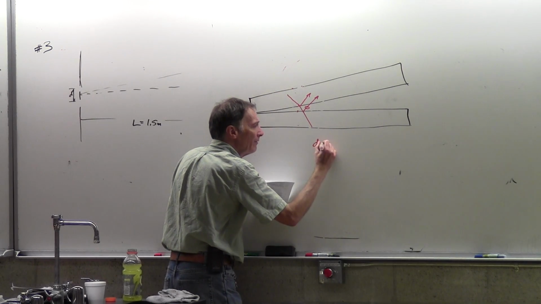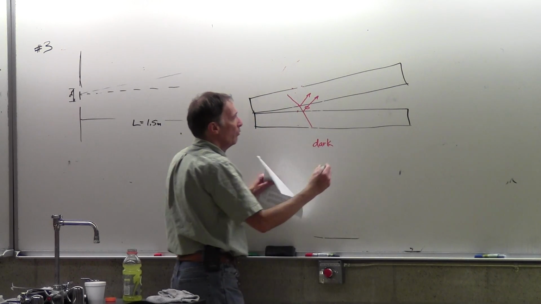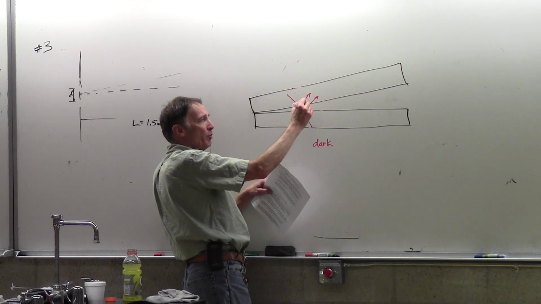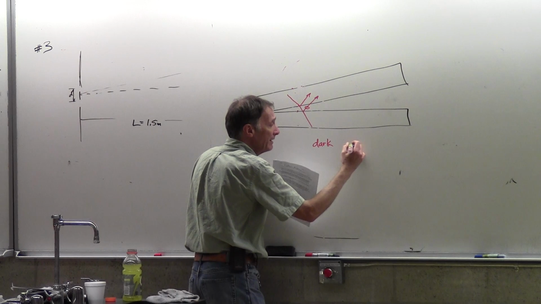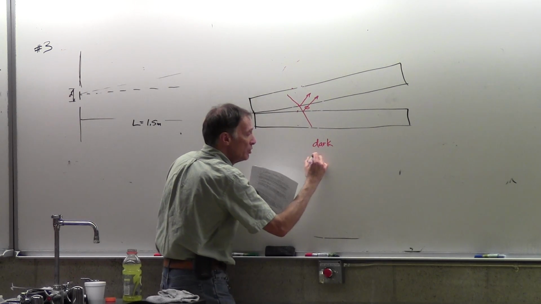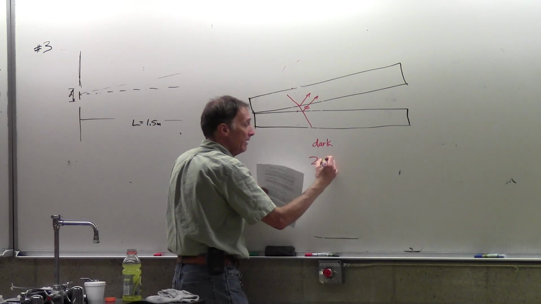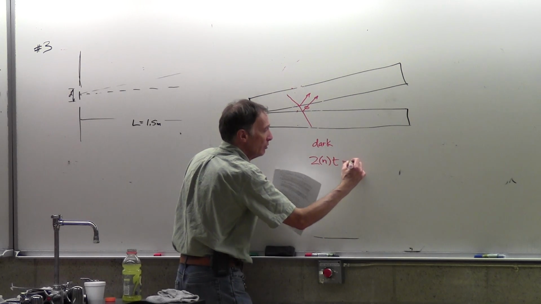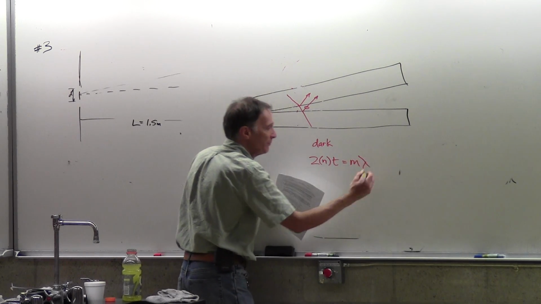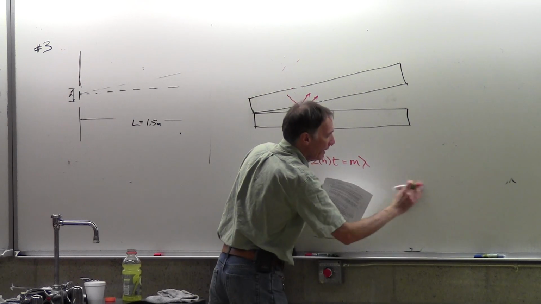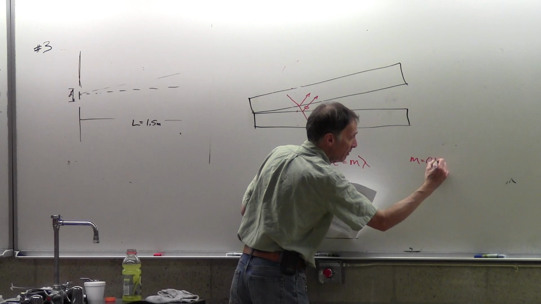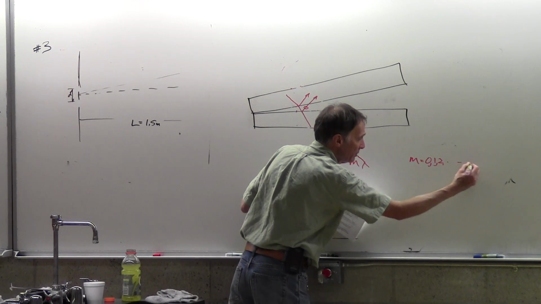And the condition for a dark fringe would be if there's a whole number of waves in this space between these two. In that case, that's going to be just 2nt, and n is 1. Well, let me put 2nt is equal to a whole number of waves, mλ, where m can take on the values 0, 1, 2, 3, and so on.